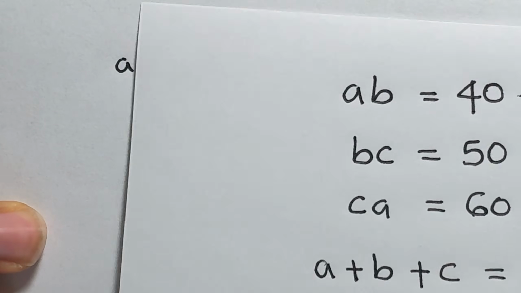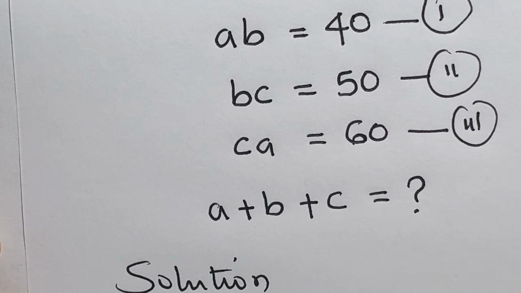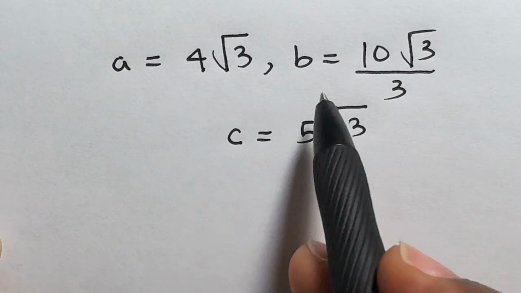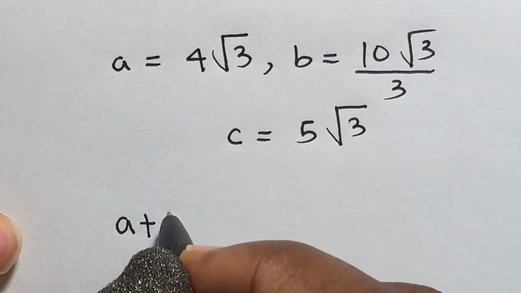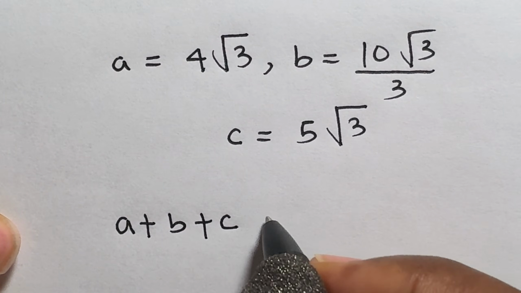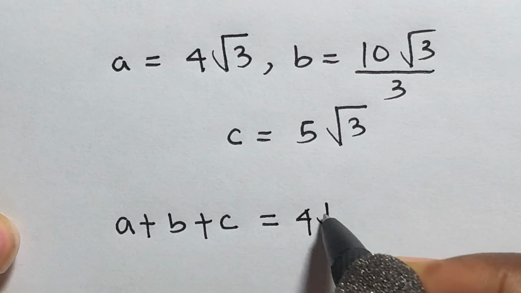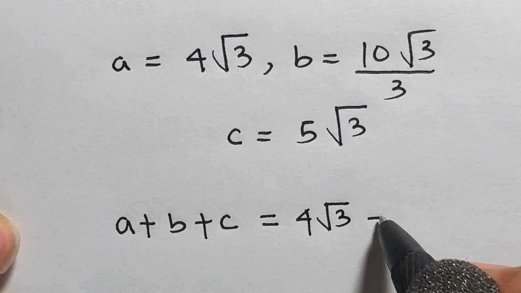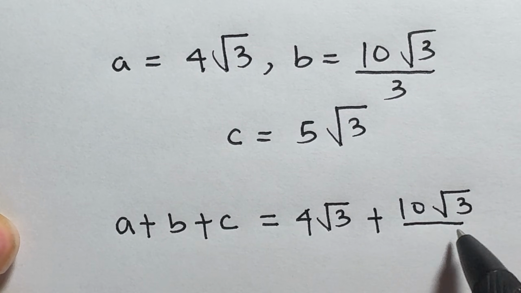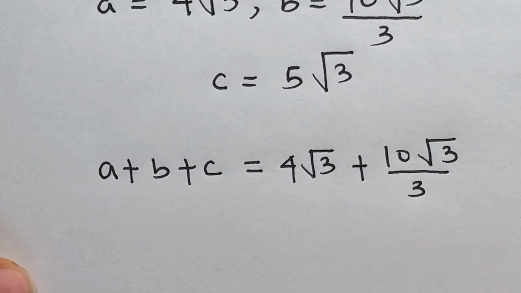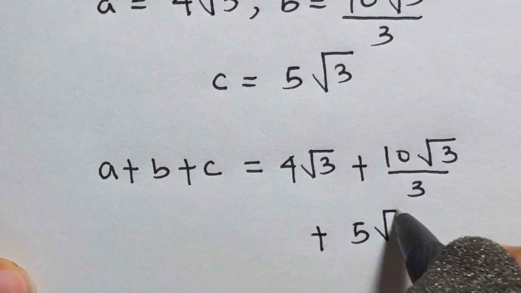Remember the question asks us to solve for the sum of A plus B plus C. And now that we have values for A, B, and C, the next thing we'll do will simply be add up each of these values. So A plus B plus C will now be, A is 4 root 3, B is 10 root 3 divided by 3, then plus C, which is 5 root 3.